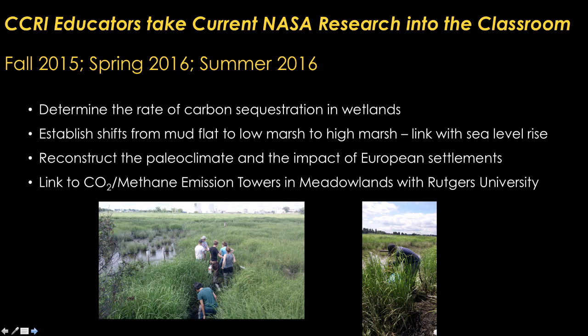We wanted to reconstruct the paleoclimate, so depending on what's actually in the cores that we get out of the land, doing certain tests can allow for reconstructing climate, and definitely looking at it with impact to European settlements, and then linking that climate to the current carbon dioxide and methane emissions.